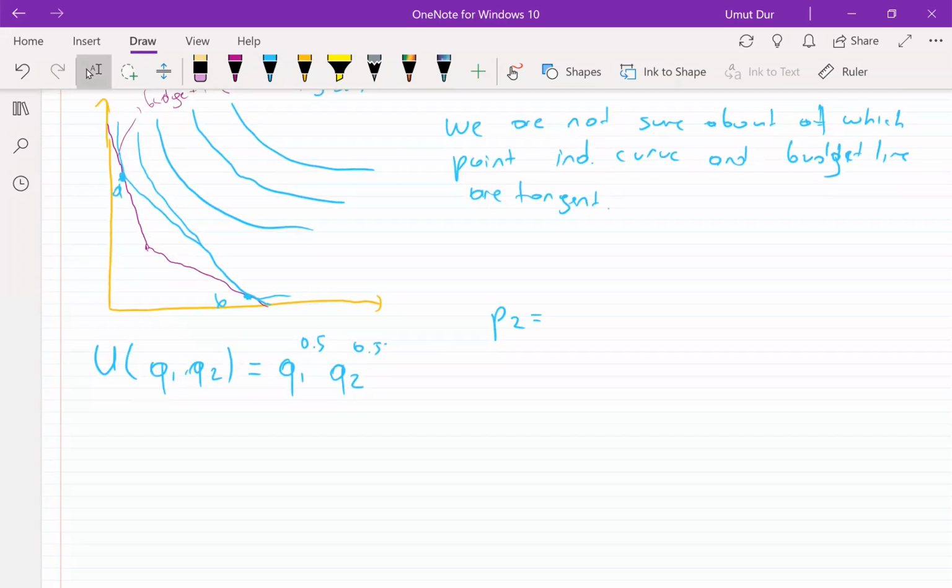The price of good 2 is fixed and it is always 2, and the price of good 1 is 4 if Q1 is less than 5, and it decreases to 2 if Q1 is greater than or equal to 5.